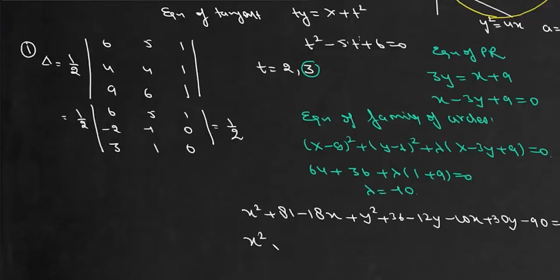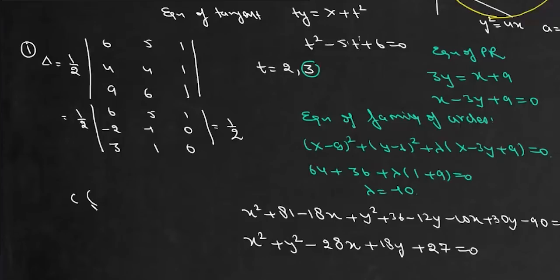So this equation will be x square plus y square minus 28x plus 18y plus 27 equals 0.